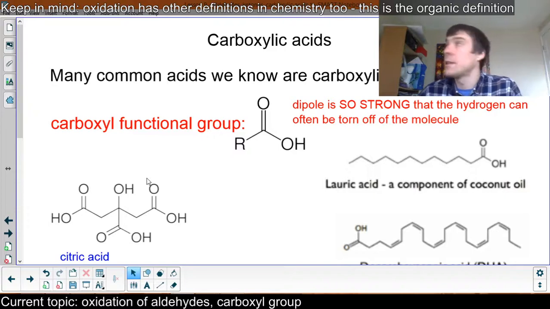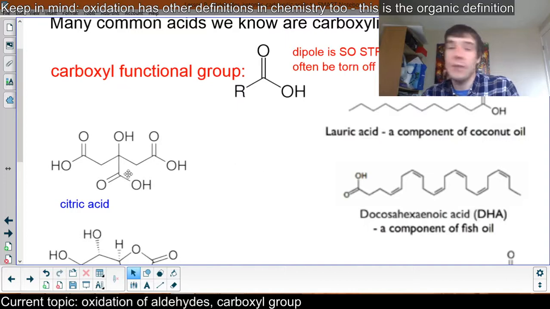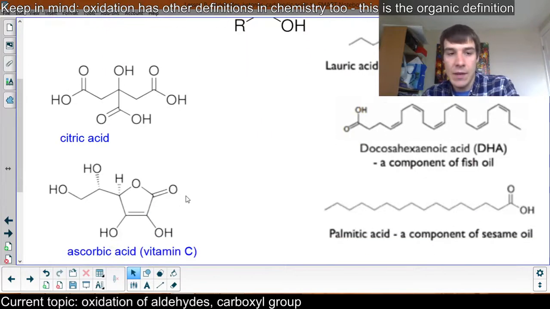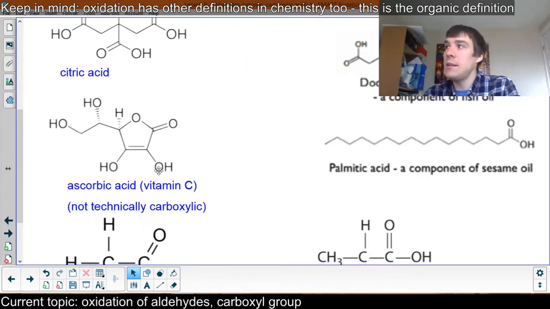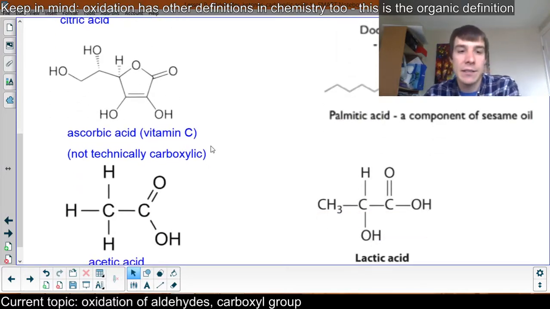All right, back to carboxylic acids for a second. Many common acids are carboxylic, especially organic acids. Some examples: citric acid has 3 carboxyl groups on it and an alcohol group. It's kind of cool. Ascorbic acid, vitamin C, is technically not carboxylic, but there's a lot of resonance going on, so it kind of acts like a carboxylic acid.